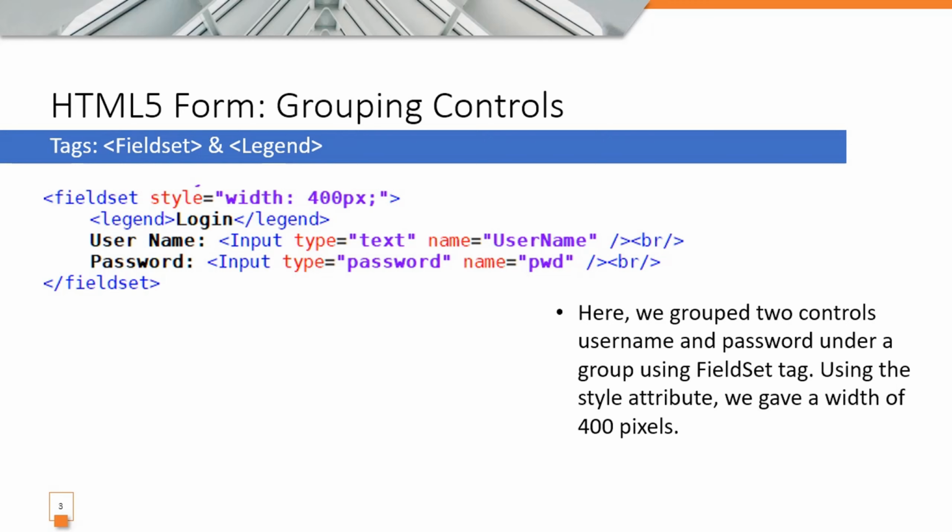Inside that we specified two controls. We specified labels, username and password, then two input controls. One is type text and another one is type password. Then we provided a title for this field set.